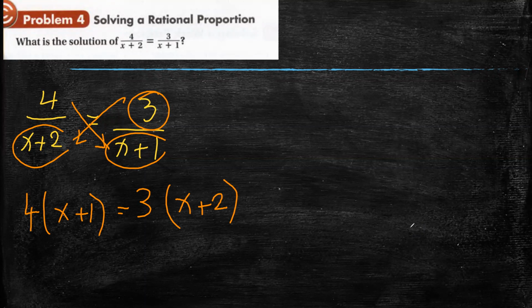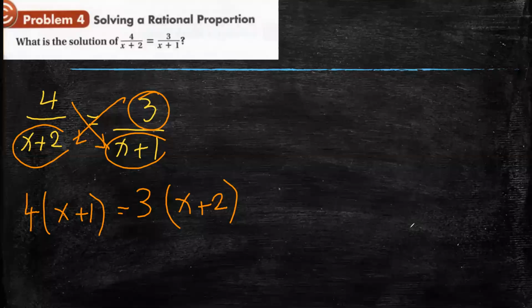In the previous one, we have an expression equal to an expression plus expression. Here, no, you have an expression equal to an expression. So you have to use the cross product: the numerator multiplied by the denominator, then the denominator multiplied by the numerator.